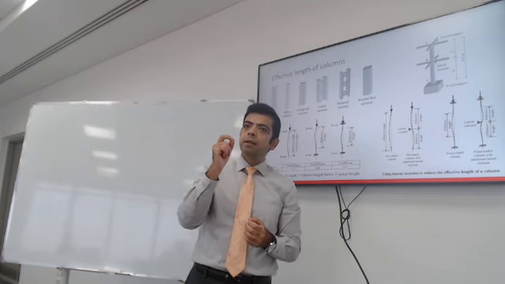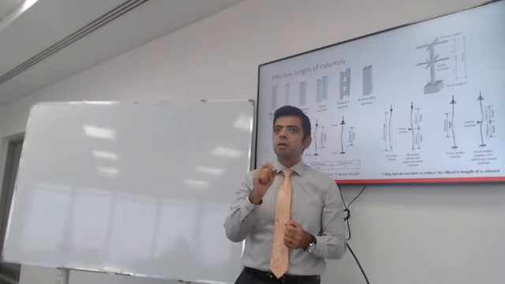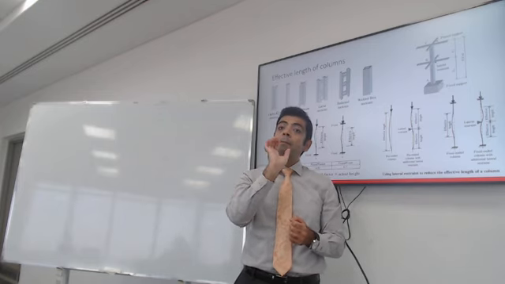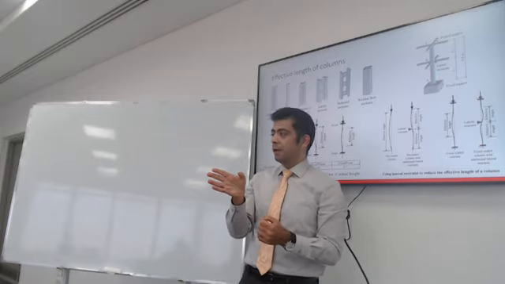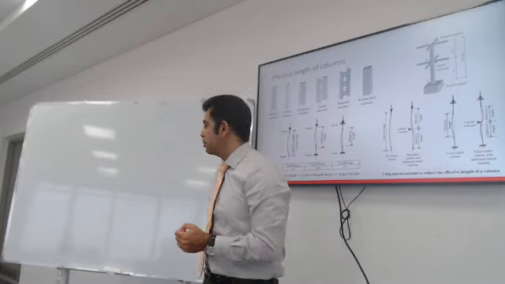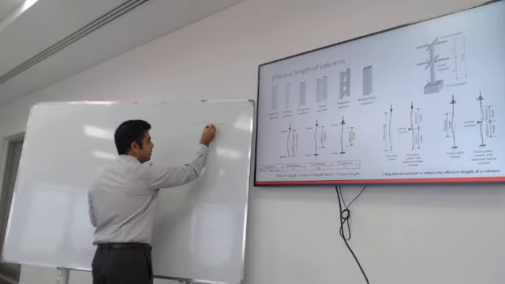Okay, so let me share with you a very important piece of information. The effective height about a cross section could be different in one direction than the other. So let's say the cross section has an I shape.